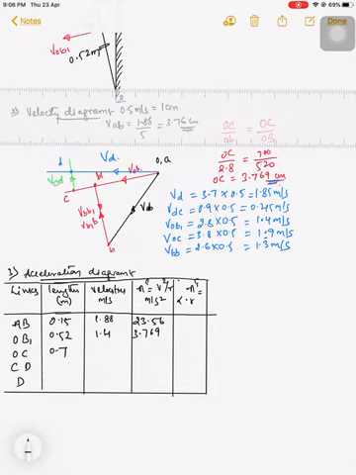So what I'll do is 1.9 square divided by 0.7, that is 5.175. 5.175.